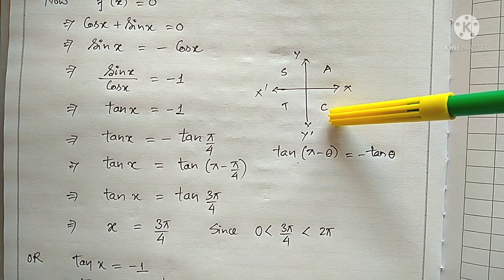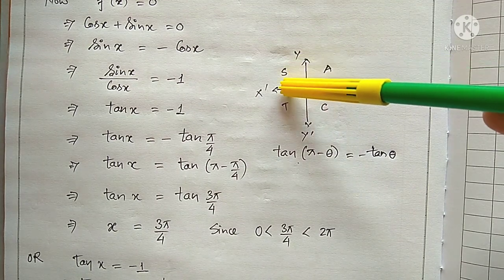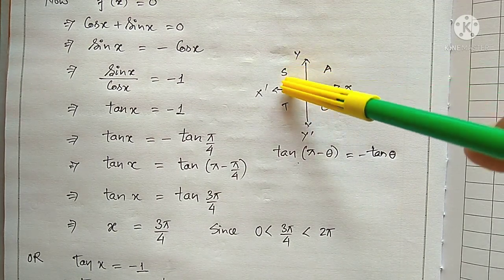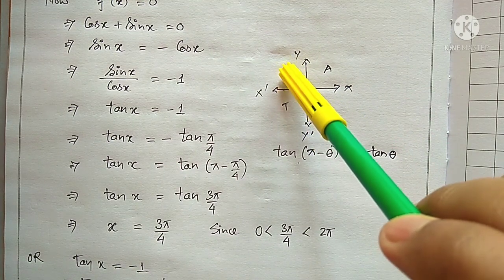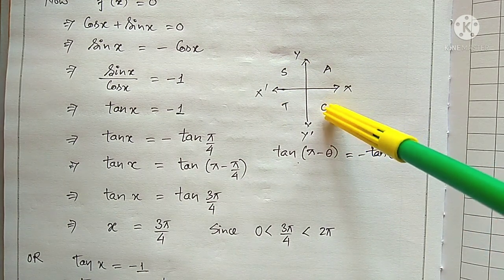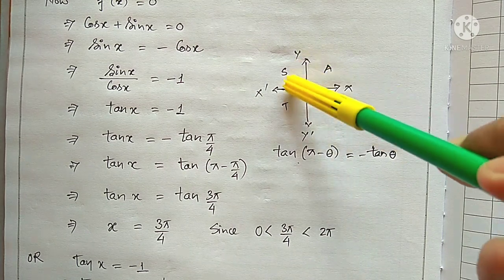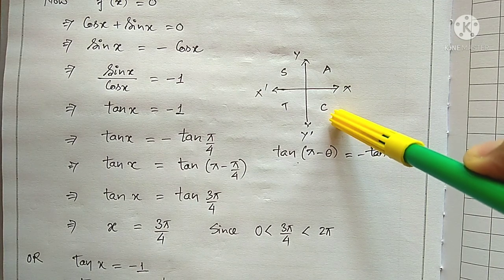So here we have to write 2 solutions. The first: the half angle is π, and we need the second quadrant, so we write π minus θ. And for the fourth quadrant, the complete one round is 2π, and then some angle minus, so we simply write 2π minus θ.